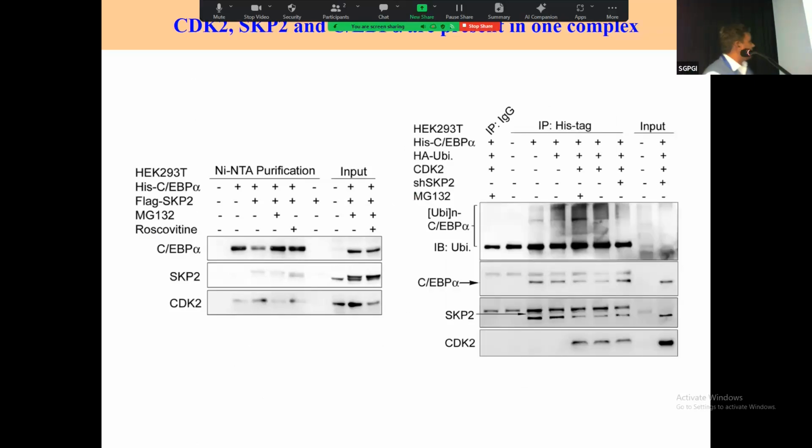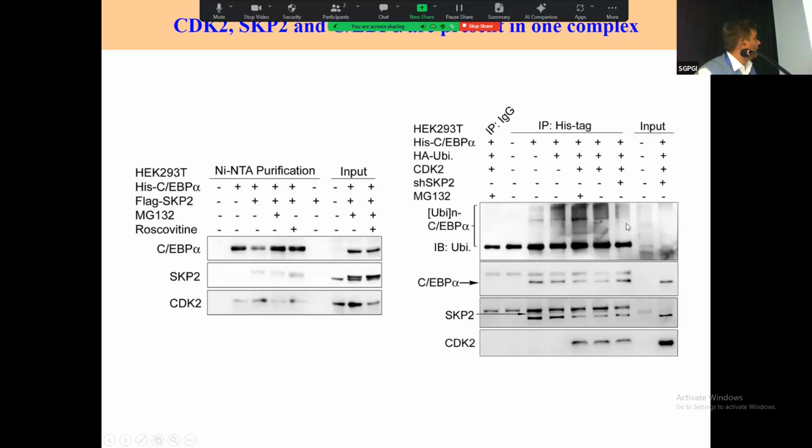Then we further confirm that CDK2 mediated downregulation of CBP alpha was indeed via ubiquitination through SKP2. If you look at these two lanes, here there is very heavy ubiquitination where there is only CDK2, while in this condition the SKP2 is depleted, so you don't see any ubiquitination.